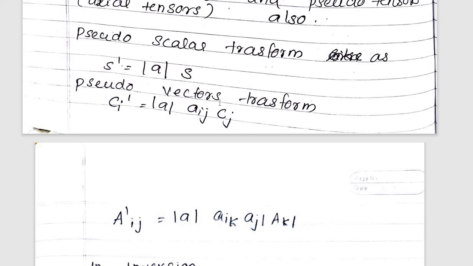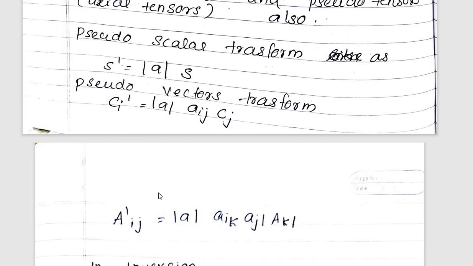In general, a pseudo vector transforms like this: normally the transformation is Ci dash is equal to aij Cj, but for pseudo vectors Ci dash is equal to determinant of A times aij Cj. A tensor of rank 2 transforms as A dash ij is equal to determinant of A times aik ajl Akl. We already discussed the transformation of tensors.